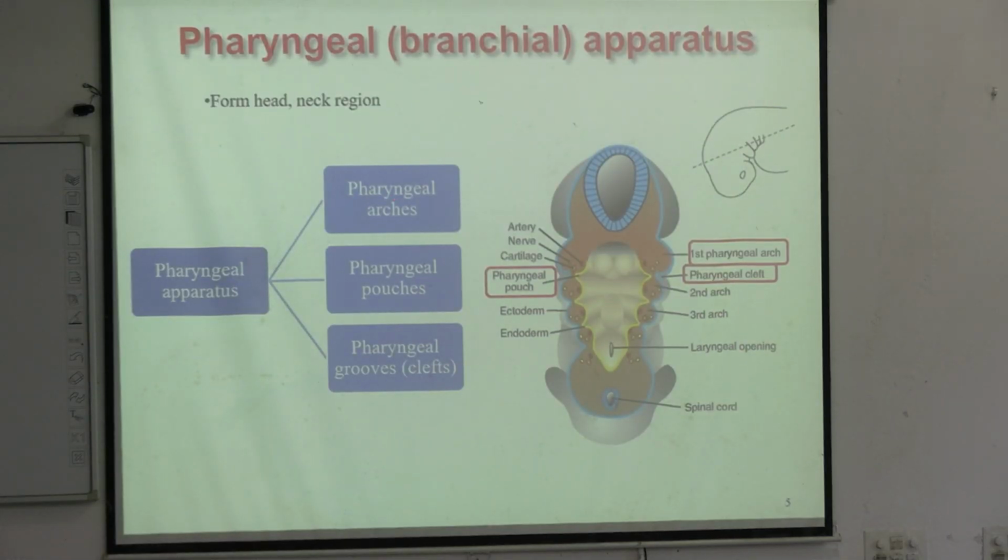So all these arches, pouches and grooves together we call the pharyngeal apparatus, and they are going to produce all the important structures, muscles, bones, ligaments, whatever we have, coming from these structures contributing together, in synergy, to give rise to the head and neck region structures.